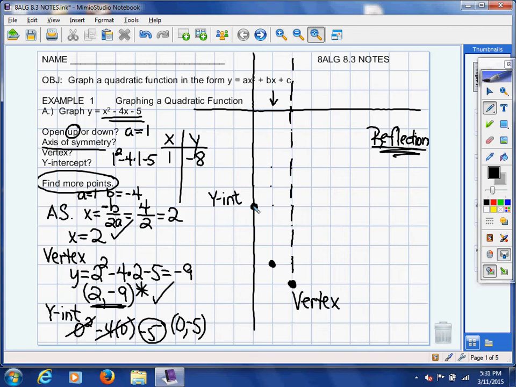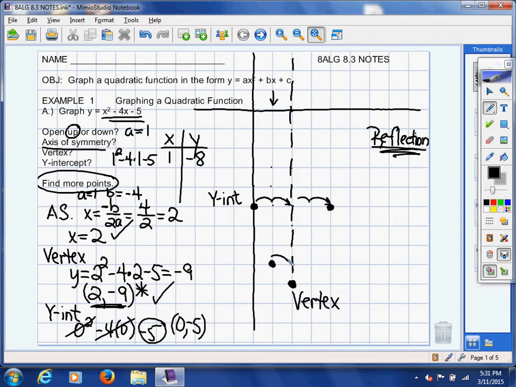How far away is the y-intercept from the axis of symmetry? Do you see where I moved it to? It's 2 places over. Well, to reflect it on the other side, we're going to move it 2 places over, and there it is. Do the same thing with our calculated point, (1, -8).